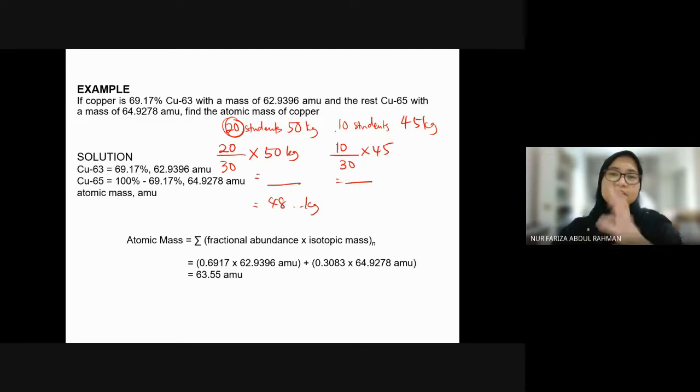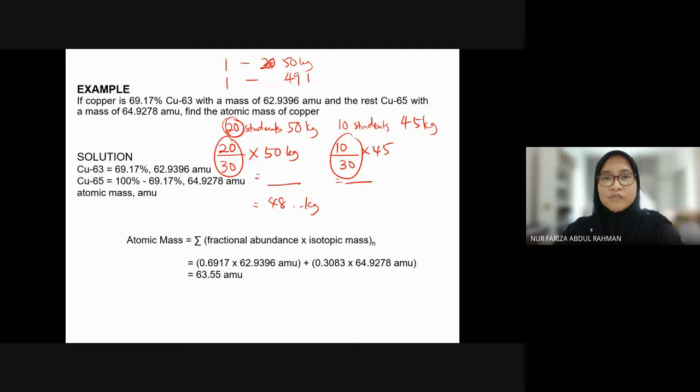Normally, to find an average, we are not given as many abundances as this. For example, one student may have 50 kilos, and another student has 45 kilos.